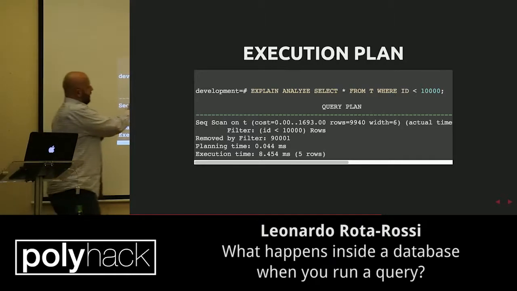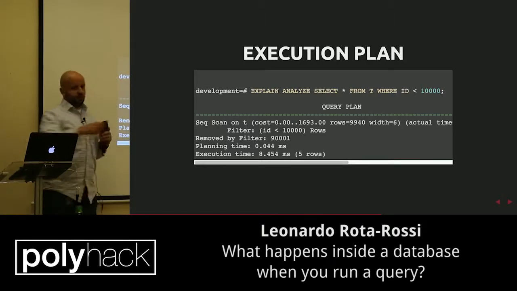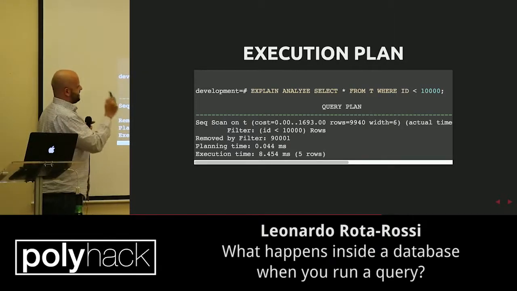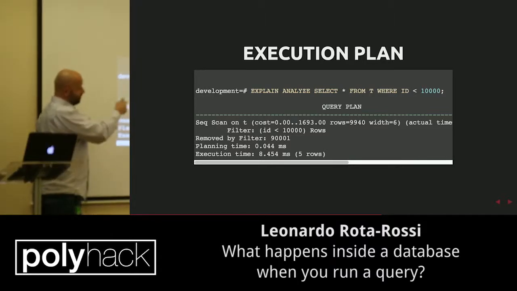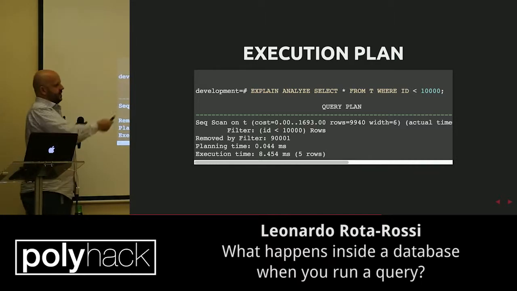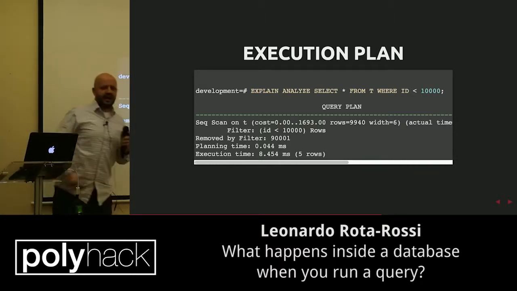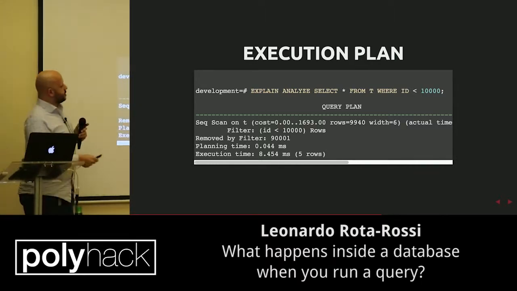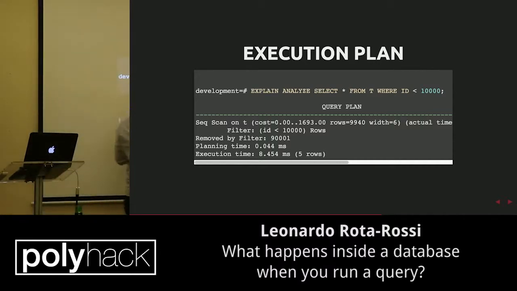Here, I have a table without any indexes that has employees with IDs from 1 to 100,000. I did a select everything from T where ID is less than 10,000.